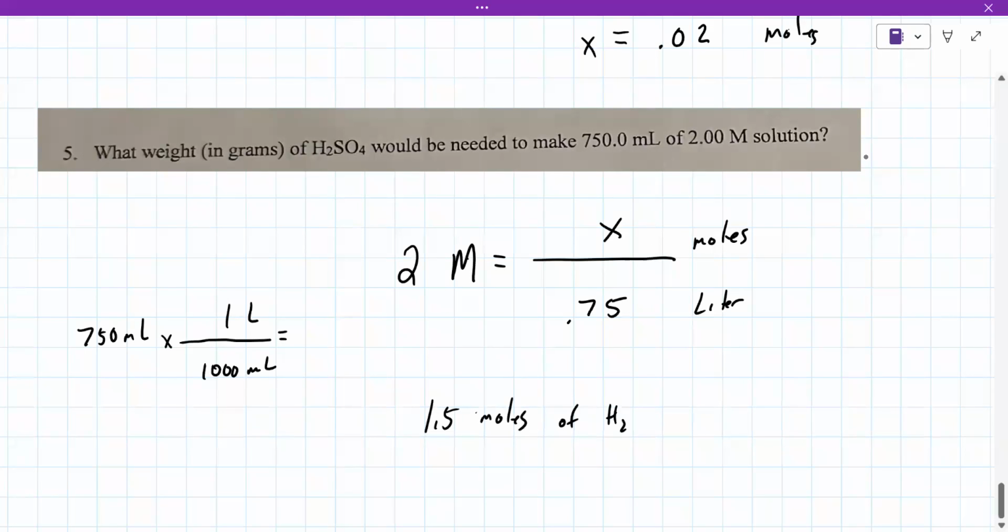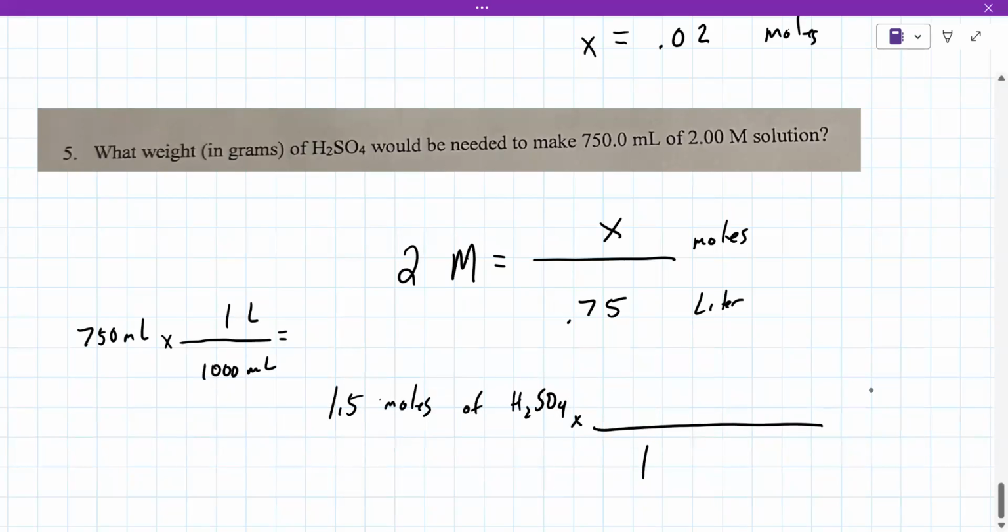Moles of H2SO4. But now you have to convert moles to grams using the molar mass of H2SO4. So 1 mole H2SO4 is how many grams H2SO4.